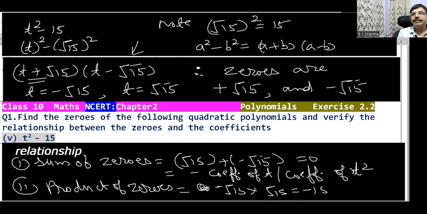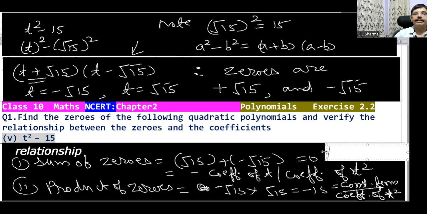So we can write that it is equal to constant term upon coefficient of t square, because here the variable is t, and thus we can say that we have verified the result.